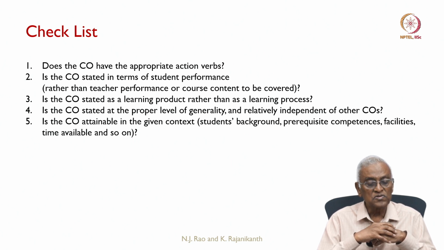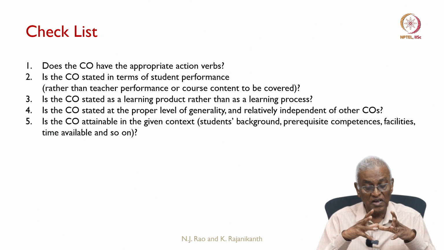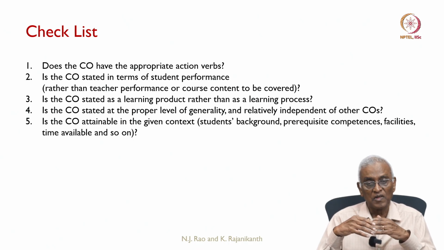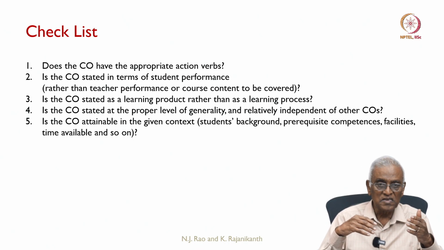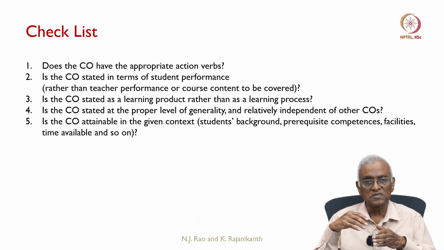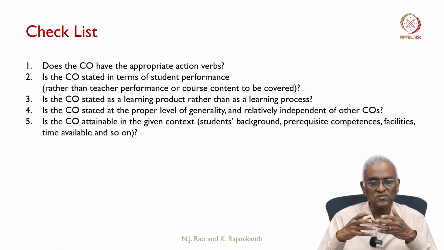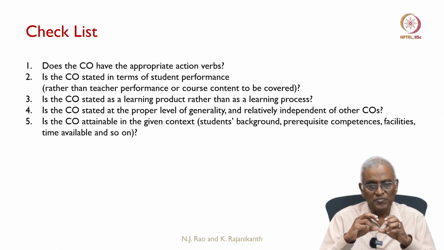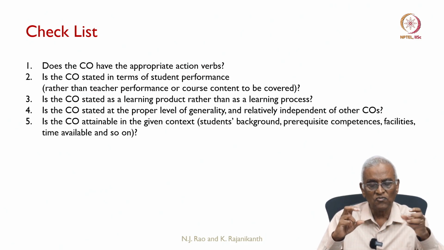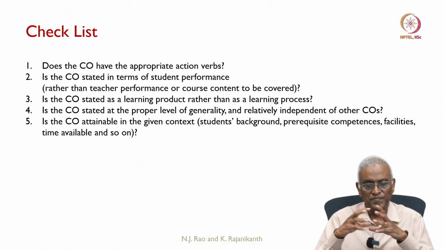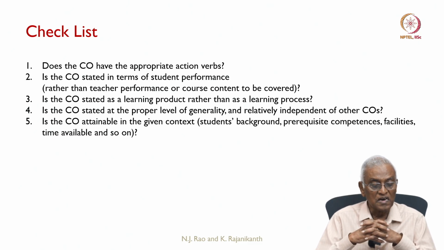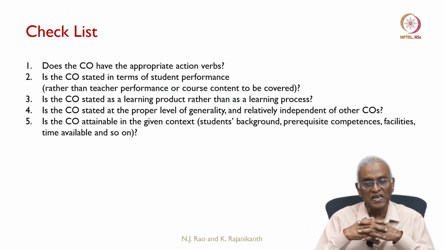And is the CO stated at the proper level of generality and relatively independent of other COs? Other COs may become prerequisites to this, but there should not be commonality. You should not have any issue saying whether something you are doing belongs to that CO or this CO. And is the CO attainable in the given context?